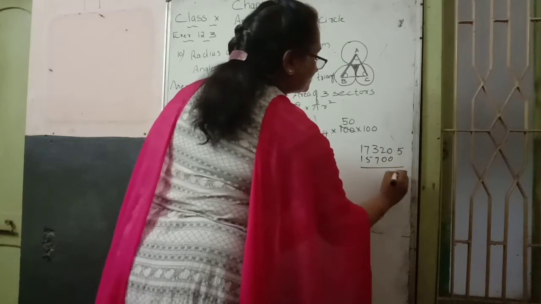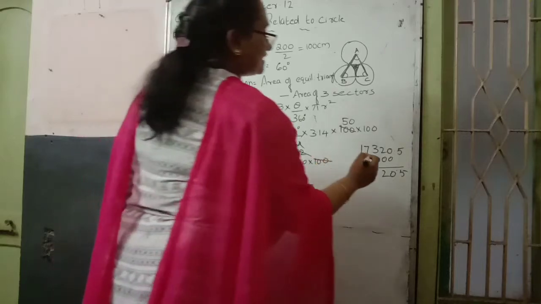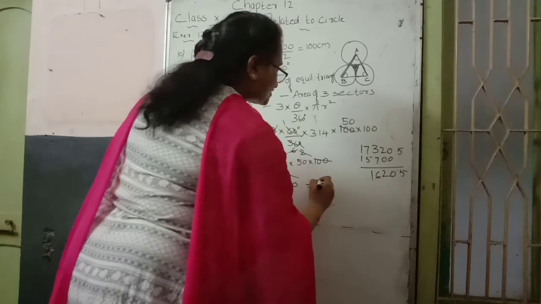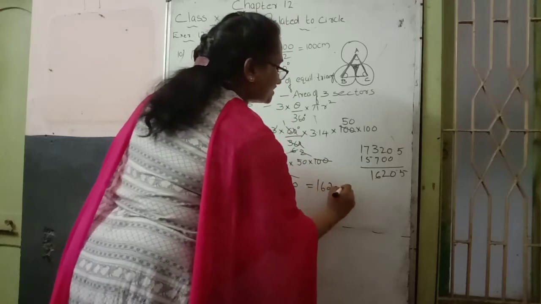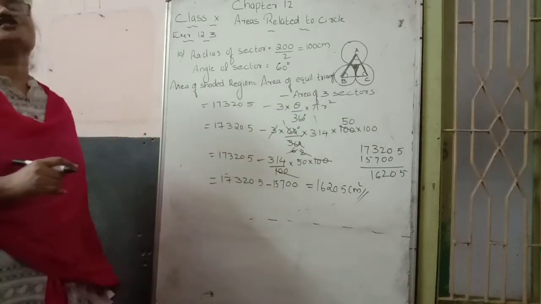So the answer becomes in this way: 2 minus 0, 3 borrowing 13, 13 minus 7 comes to be 6, 6 minus 5 is 1. So the answer becomes this much centimeter square, the area of the shaded region.